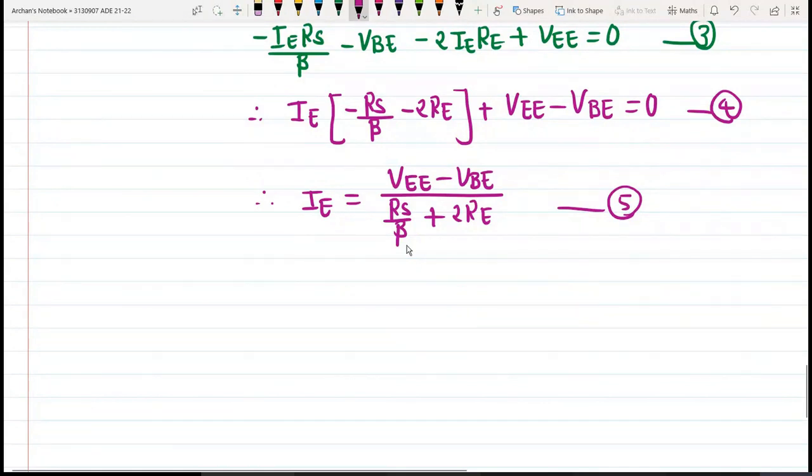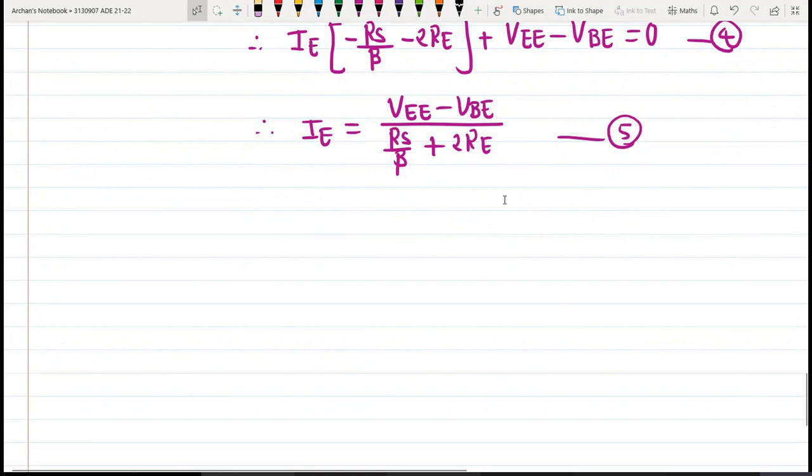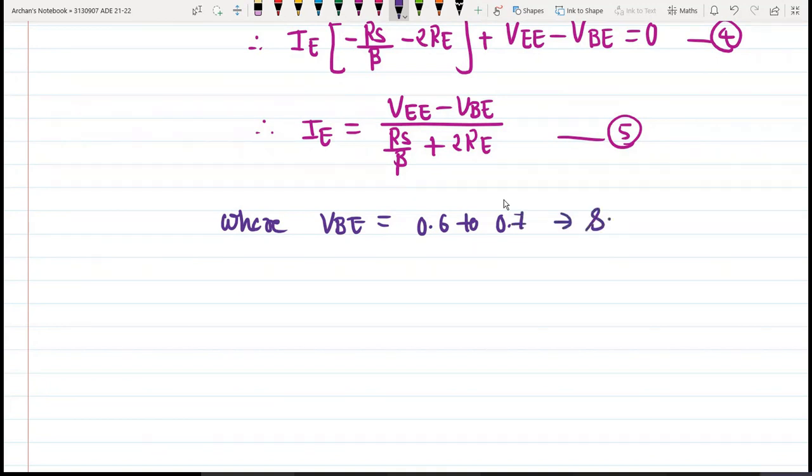Now we know the value of this VBE voltage, the voltage between base and emitter. It is around 0.7 for silicon and around 0.2 for germanium, right? So we can write down VBE is equal to 0.6 to 0.7 for silicon, and it will be 0.2 for germanium.